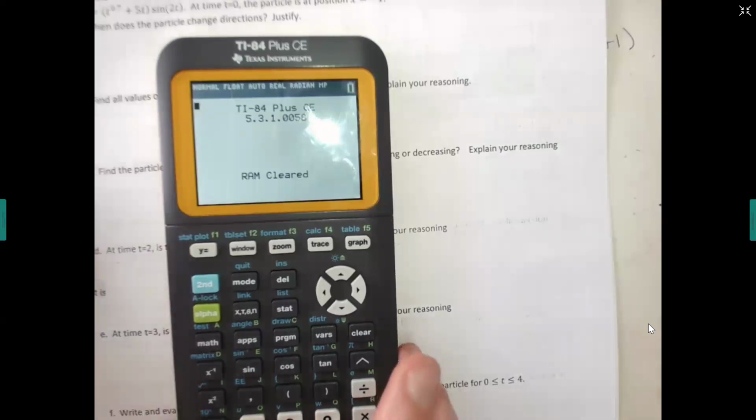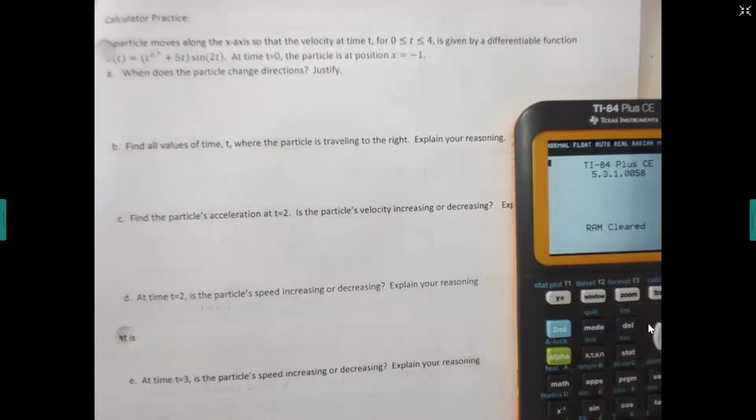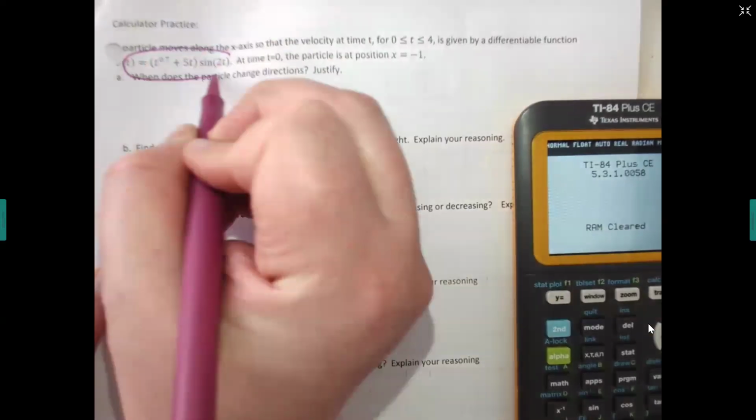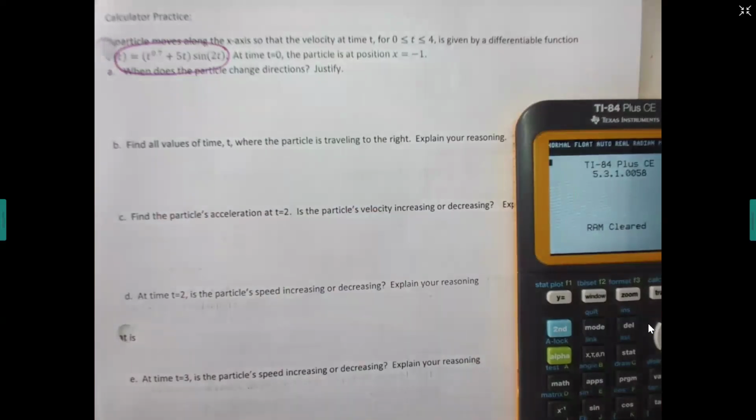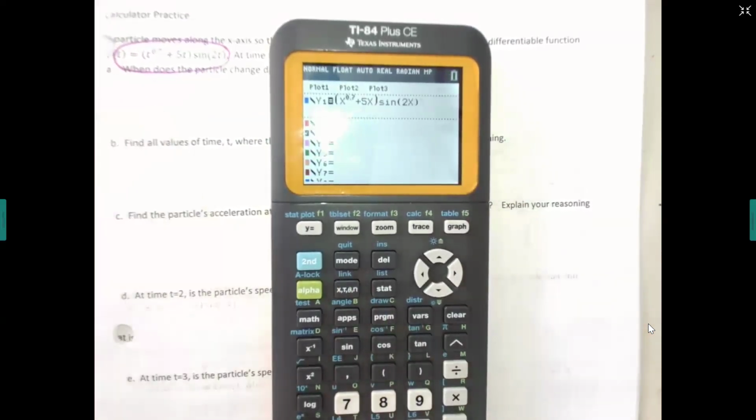All right, go ahead once you've done that and type this guy in. Put it in your y equals. Okay, second plus 712, type it in. You don't have an X or a T, but just use the X button instead. Okay. Once you have it typed in, I want you to adjust your window.